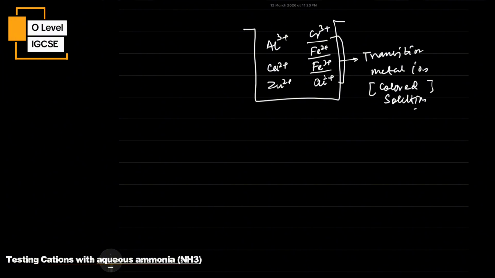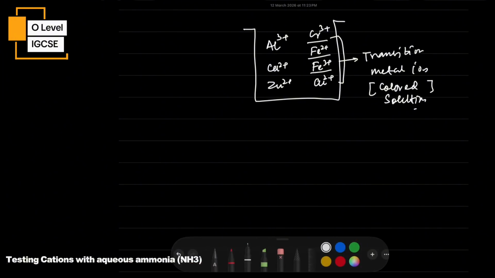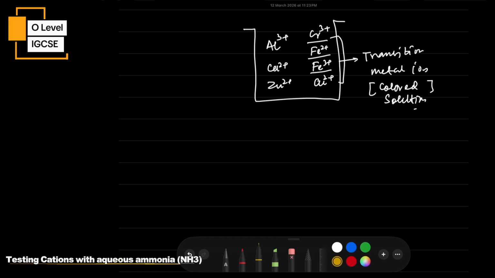positive ion. This time I'm not going to write the ammonium ion, because if you add ammonia, then the ammonium ion cannot be detected, as we are adding it ourselves. So here are basically 3 non-transition metal ions. Come to the same first step.